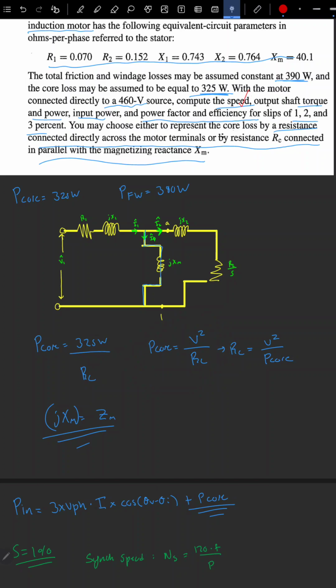Finding RC, you would have to find it and then treat this as a parallel connection again, which in my opinion is more work than just ignoring it and then adding the given power core loss at the end. But to each their own. They yield the same thing.